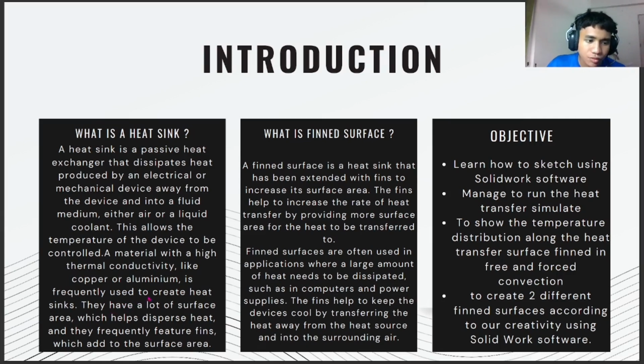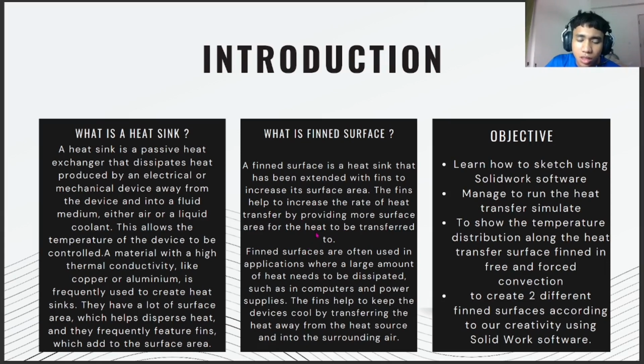They have a lot of surface area which helps disperse heat, and they frequently feature fins which add to the surface area. A fin surface is a heat sink that has been extended with fins to increase its surface area. The fins help to increase the rate of heat transfer by providing more surface area for the heat to be transferred to.